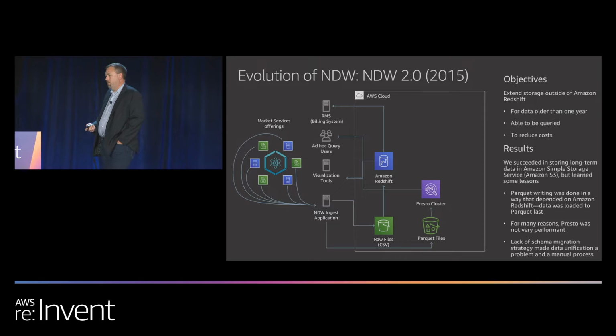And finally, we lacked a schema migration strategy, and basically what that means is that over time, a given table's schema can change. And so unifying those different schemas for that same data set over that time period was a manual and cumbersome process.